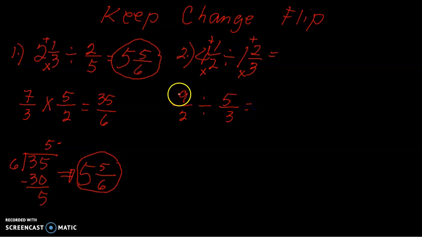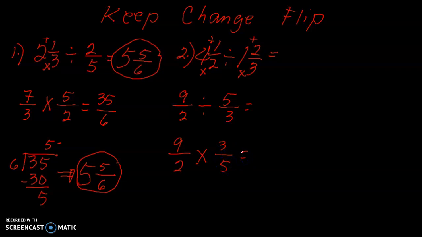So, in this equation now, we can now apply the keep, change, flip. We will keep the 9/2. We will not change anything of this improper fraction anymore. We will change the division to multiplication, and then we will flip the 5/3. This will become 3/5. Okay?